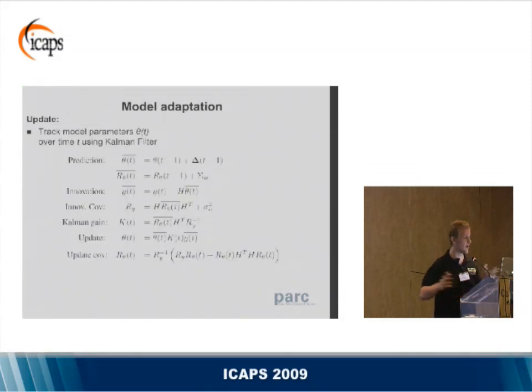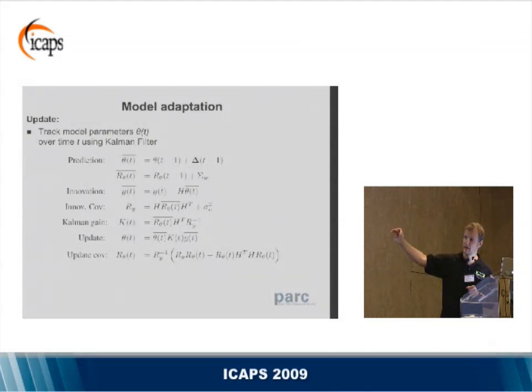Then we can take an off-the-shelf Kalman filter. What's important about this slide is how the Kalman filter works on a very high level: we can predict what the state would be if we have no observation after we executed that plan.